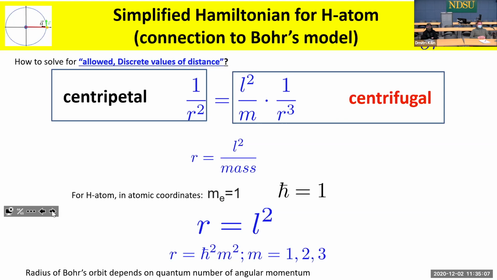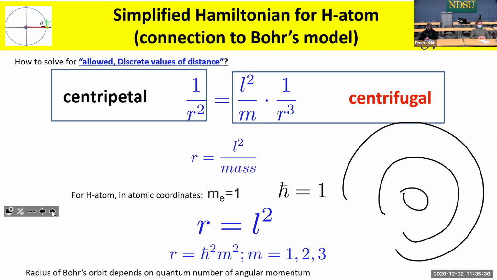So if we have the rotation with angular momentum 1, 2, 3, then the radius will be 1, 4, 9. And it gives people the right to draw these circular orbitals, assuming that the electron moves on different ones. Again, it is not what is actually happening, but it helps to catch some important features.